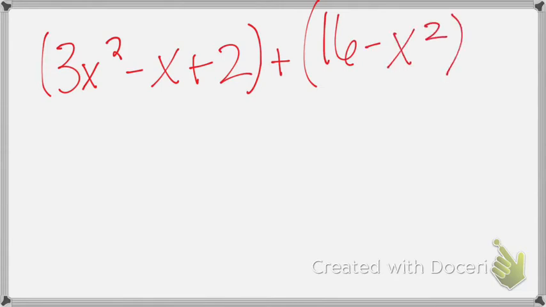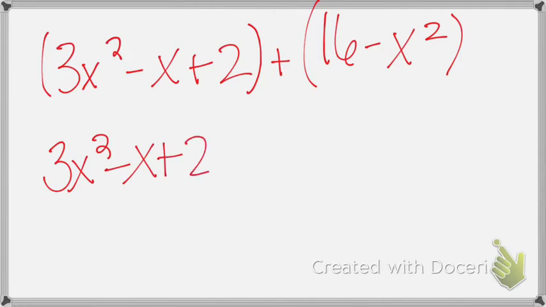All right, can I rewrite this and not change anything? Yep. 3x squared minus x plus 2 plus 16 minus x squared. All right, what's the highest power you see, Lee? 16. Not the highest number, the highest power.